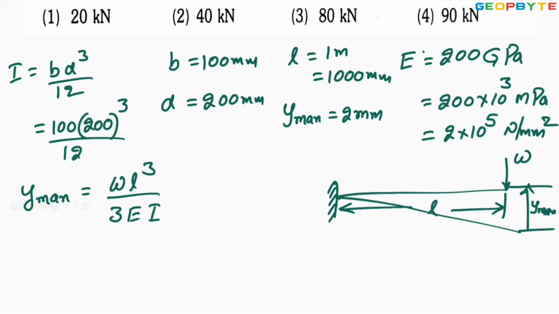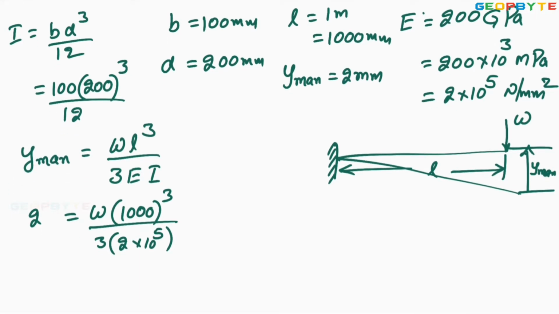Here Ymax is given as 2, equal to W, unknown value, length is 1000 whole cube by 3 into Young's modulus, which is 2 into 10 power 5, into the I value. The I value is 100 into 200 cube by 12.